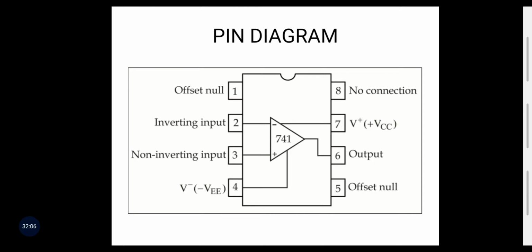Next, the pin diagram of the operational amplifier. The figure shows the basic pin diagram of the operational amplifier. Its IC name is IC 741.